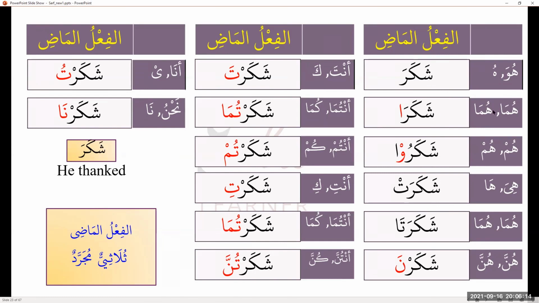So what is the difference here? From Shakara you are just adding the Alif here, which indicates two third persons. Here we are adding Vav, which indicates plural. Again, in the Hia version Shakarat, there is only Ta added, which indicates femininity.